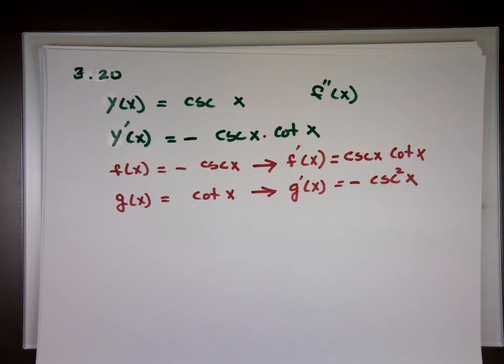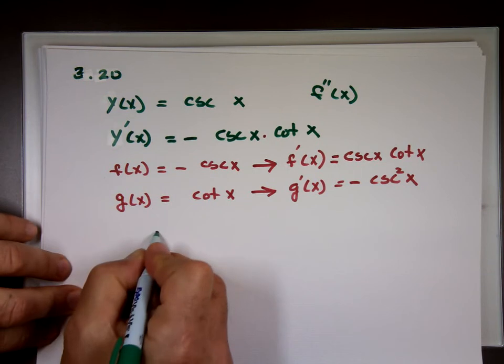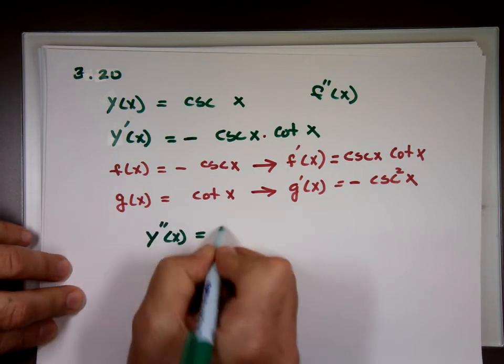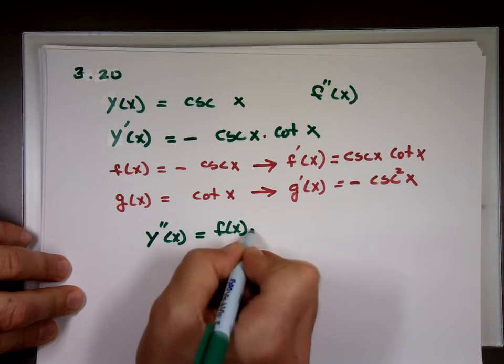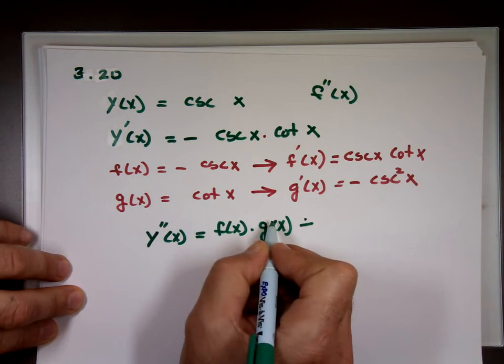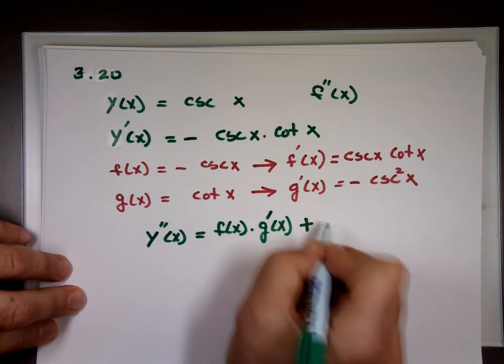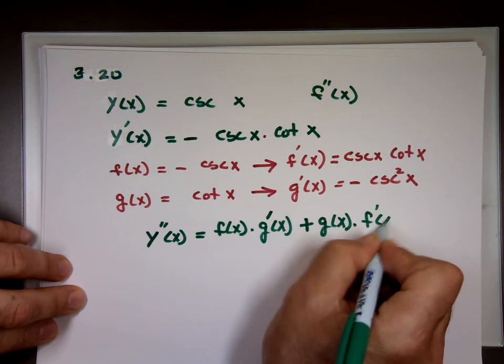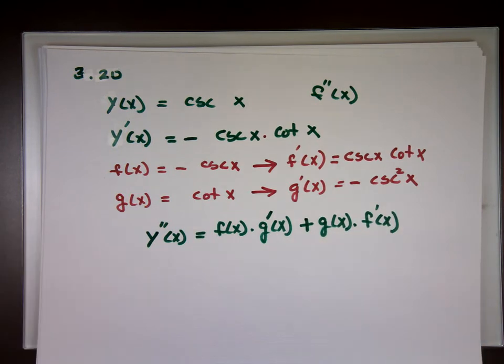So the second derivative, it's the product rule here, which is f of x times g prime of x plus g of x times what? F prime of x. Product rule. What is f of x here?